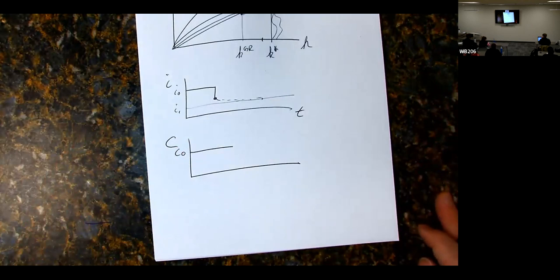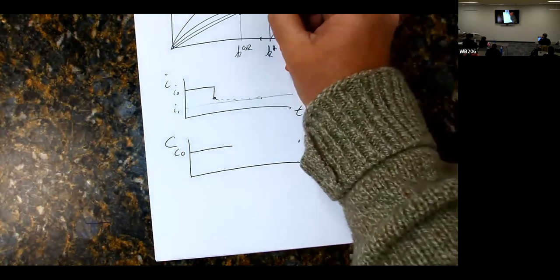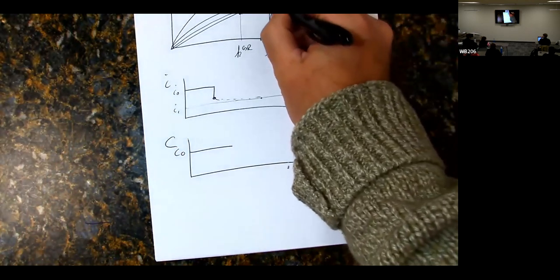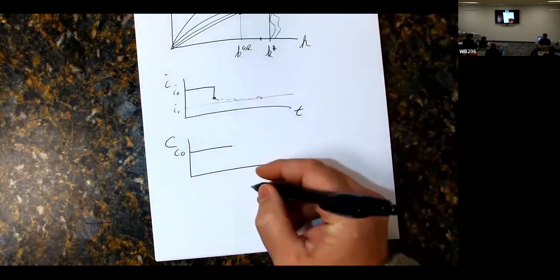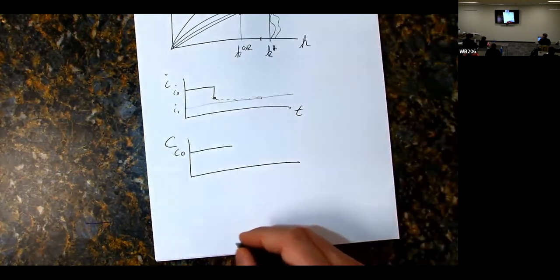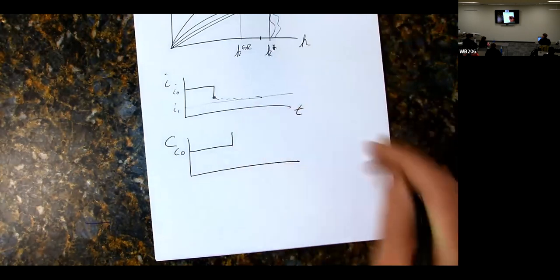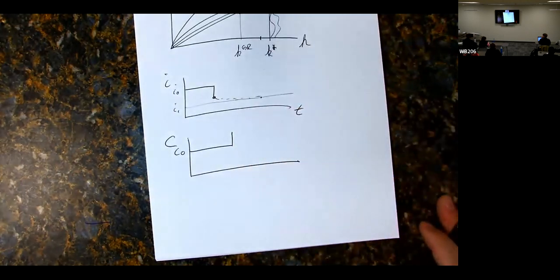It goes up, immediately it goes up. There's a shock, right? This is no longer being saved, instead it's being consumed. So consumption leaps up, doesn't it? But then what? Can you think it through?